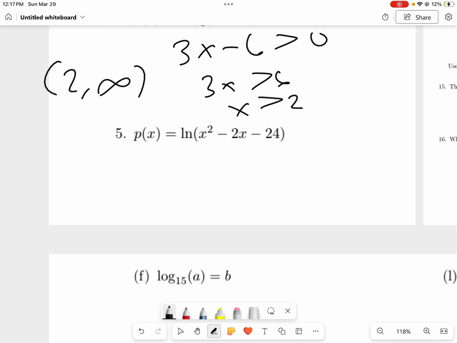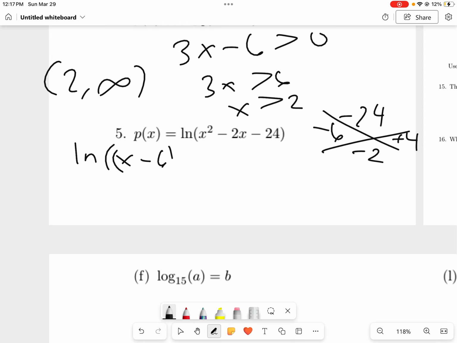This one, let's see here. I think we can factor it. Negative 24 over negative 2. That's going to be 6 and 4, so negative 6 and 4. So it's asking us natural log of x minus 6 times x plus 4. It's telling us that this has two actual solutions, right?